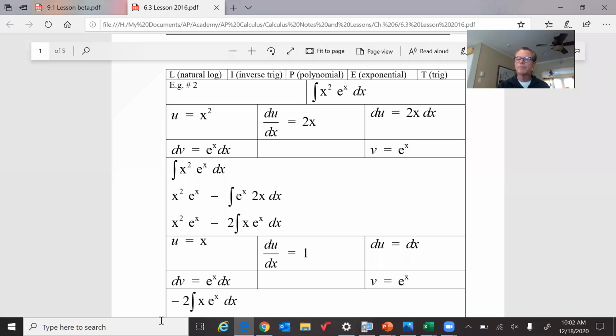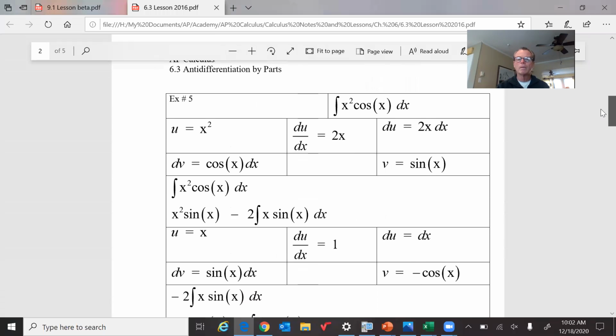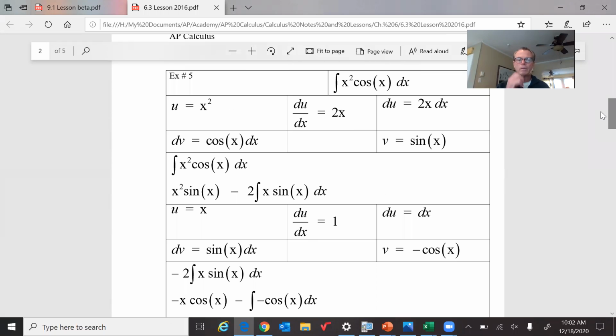All right, so let's take a look at 5. And you want to have this routine of setting the problem up. So I'm saying u is x squared, and as I went, my row here was the PowerPoint column. I don't mean to confuse you, but it's also easier to see the whole problem in one sheet if we use rows here.